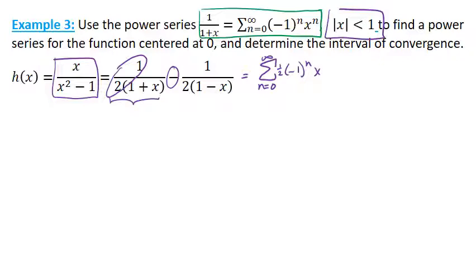This one here becomes negative, this is n equals 0 to infinity, 1/2 x to the power of n. This is also x to the power of n. All right, so then we can write this as a single summation.